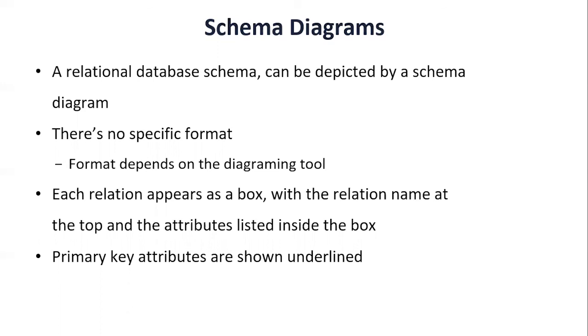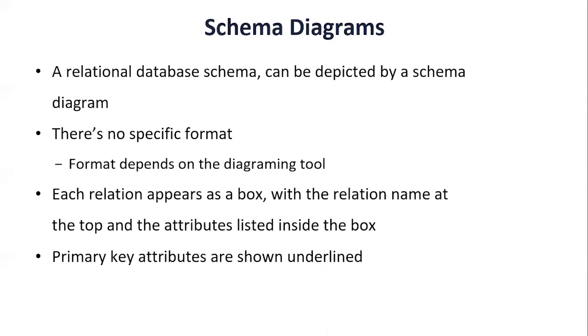But for this, unlike ER diagrams, we don't have a specific format. And most of the time, the format depends on the diagramming tool we use. But usually, this schema diagram will have a somewhat similar format to the ER diagrams, and each table or relation appears as a box with the relation name at the top and the attribute list inside the second half of the box.